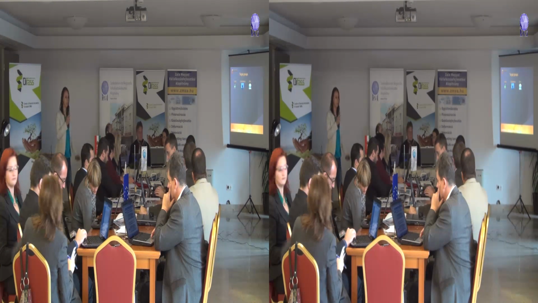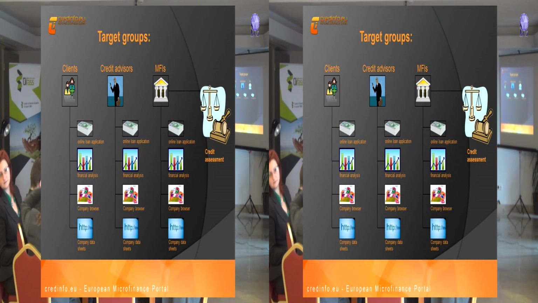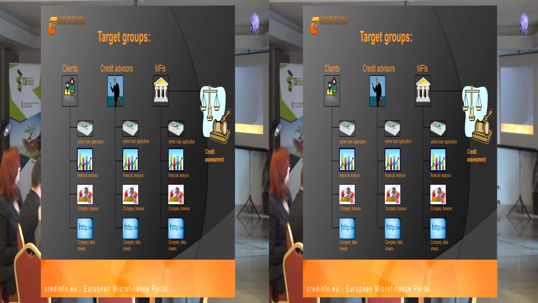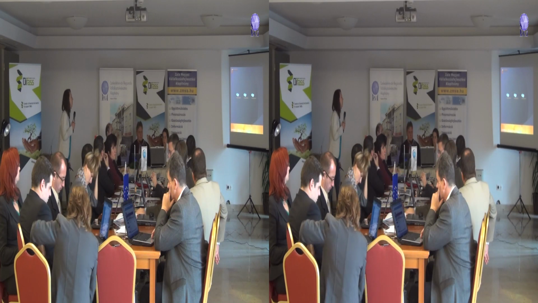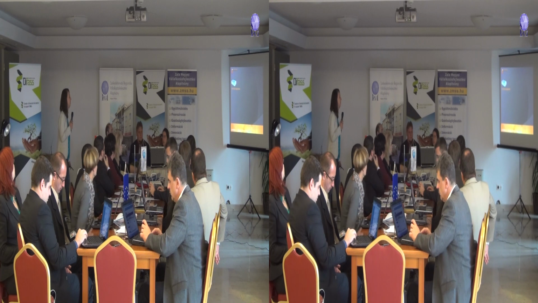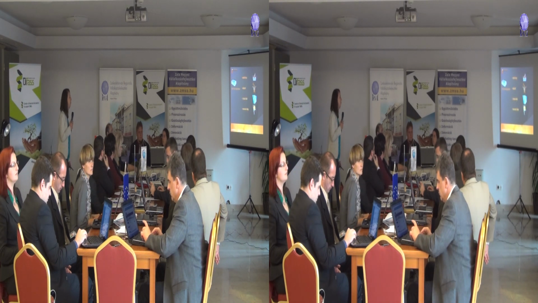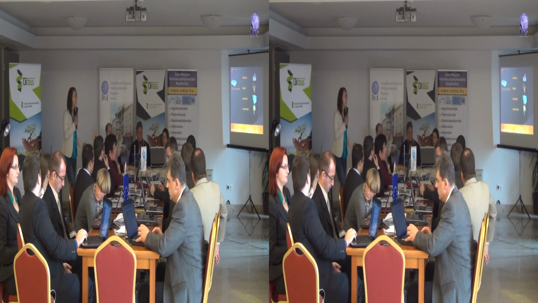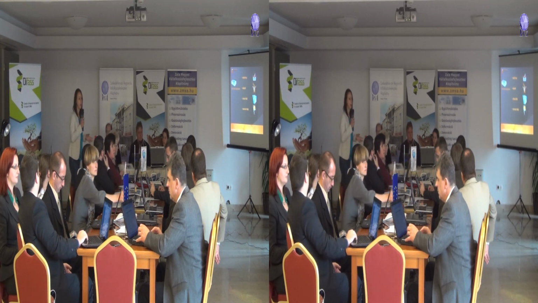We've shown you earlier the 3 major target groups: clients, credit advisors, and MFIs. The first most important service is the online loan application. It's like any kind of web shop.